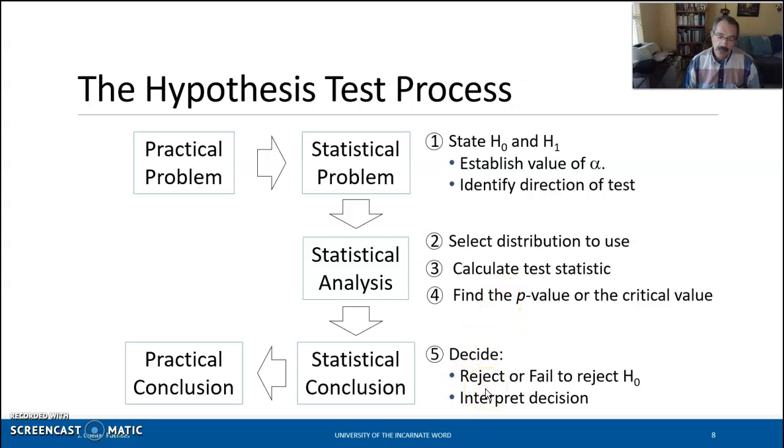That decision is either we reject it or we do not reject it, or as is the parlance of hypothesis testing, we fail to reject it. That's what we call the statistical conclusion. Then, in order to translate the statistical conclusion into a practical conclusion, we interpret that decision. All right, so we're going to learn how to do this through several problems. But first, we need to start introducing some of these concepts so that we can see how this methodology works.